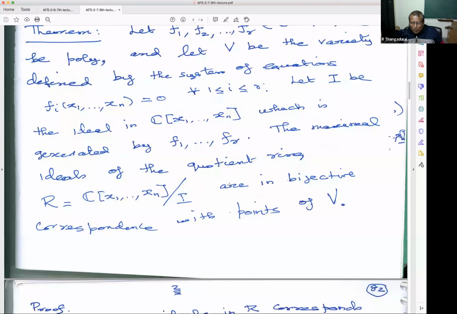Any ring R will have a maximal ideal. But the point is, this I is not given to us. If F1, F2 do not have a common solution, then this I will be like the whole ring R, and this quotient ring will become the zero ring.